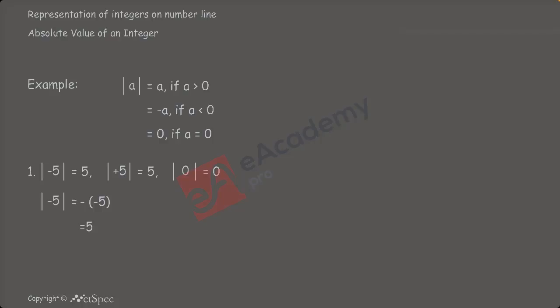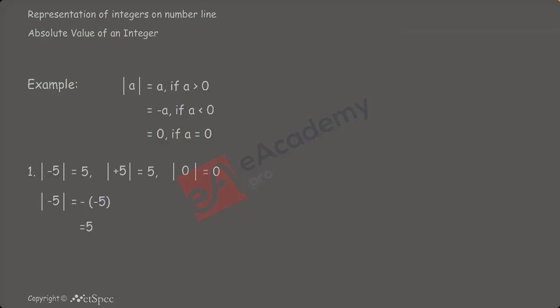All these examples can be easily correlated with the definition. In case of positive integer, the absolute value is going to be the same number. There is no change in the number. That is, the modulus of a is a if a is greater than 0.